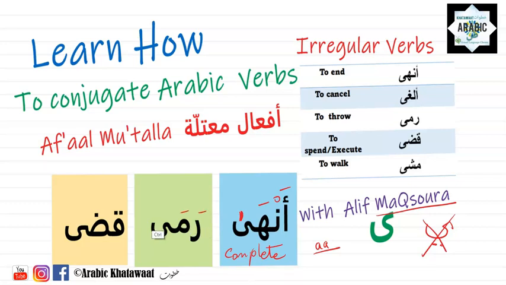Then we have rama, throw, and qada, spend, pass, or execute. We have a set of verbs that we will conjugate. That way we can see how they all change the same way Alif did in the past video. If you'd like to learn more about words with Alif, please check the video of hollow verbs in Arabic. So let's begin.